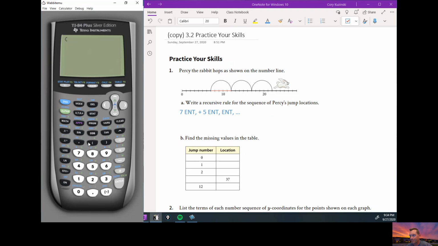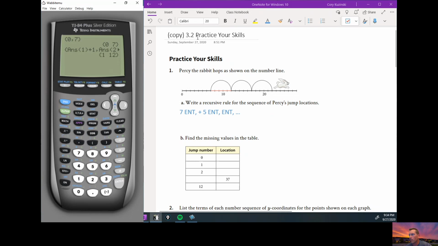Let's do this. So we started at 0 and we said 7. And we're going to take the jump number and add 1 to it, and we'll take the location and we'll add 5 to it each time.